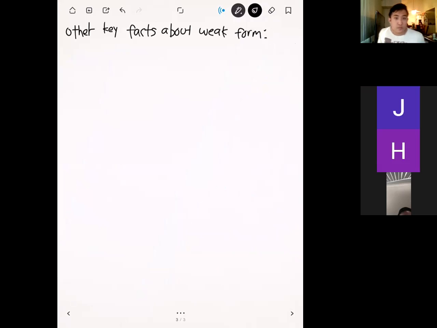Okay, so let's go over some other key facts about the weak form. The number one thing I want you to remember is the requirements on our Dirichlet boundary condition.